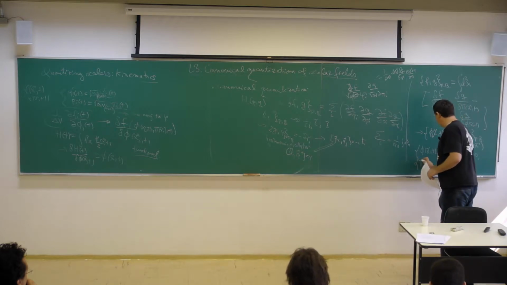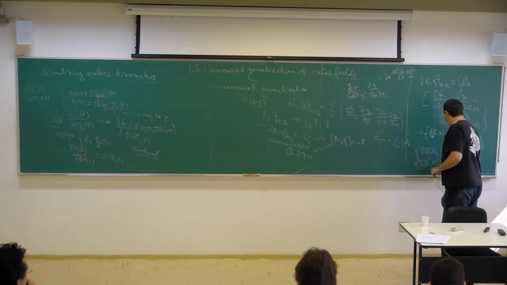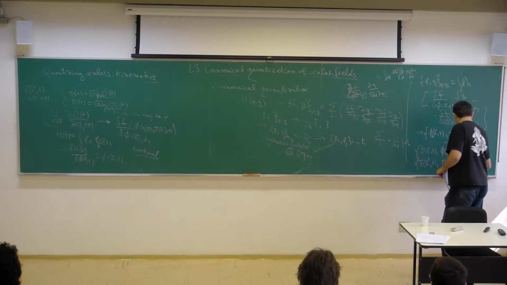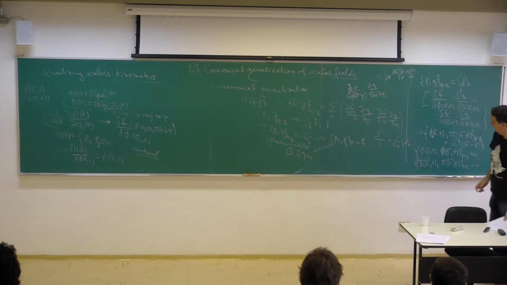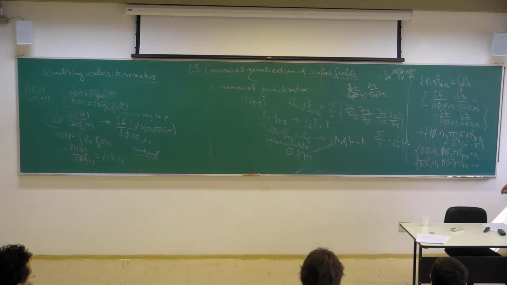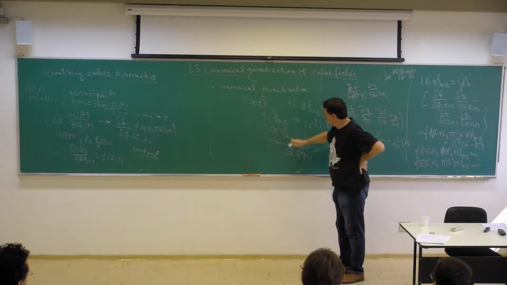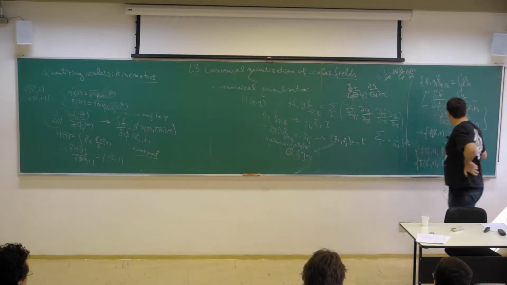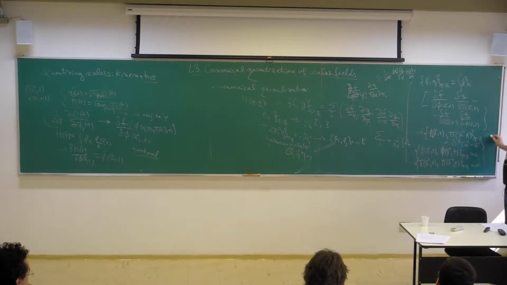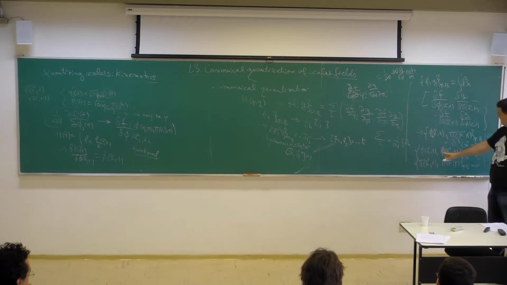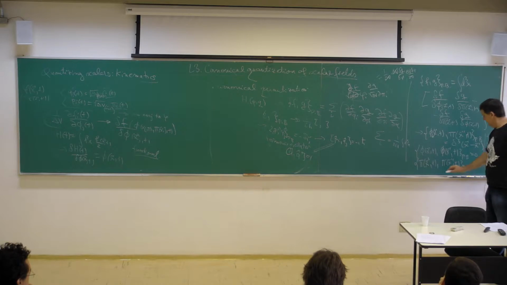And pi of x and t with phi of x prime and t, Poisson bracket is 0. And note that as before, these were implicitly functions of the same time t, so equal time, right? But space is different because space corresponded to this index I.